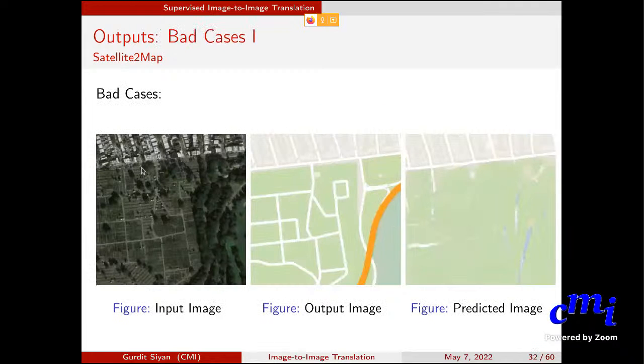Okay, so some bad cases where this fails. It doesn't generalize well to grassy areas. I looked in the datasets and there were very few samples of roads in the grassy area, so that's probably why. And also there is a highway there actually. I don't think even humans can see that, and it doesn't follow that.